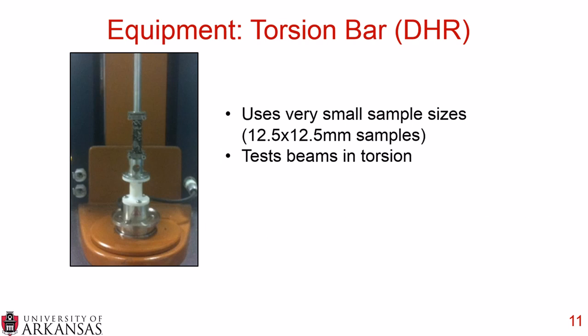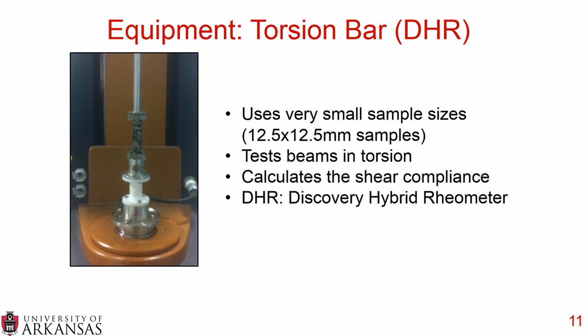Now the third piece of equipment, the torsion bar, which we call the DHR, this uses very small sample sizes. They're 12.5 by 12.5 millimeter samples. The samples are put into torsion, so you can see that beam there is torqued, and it calculates the shear compliance.